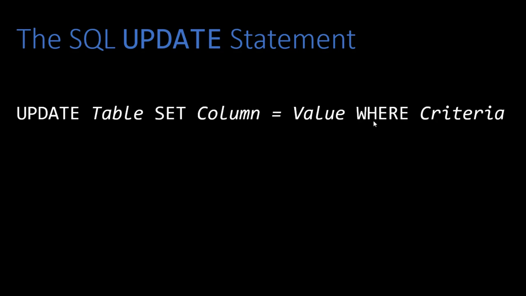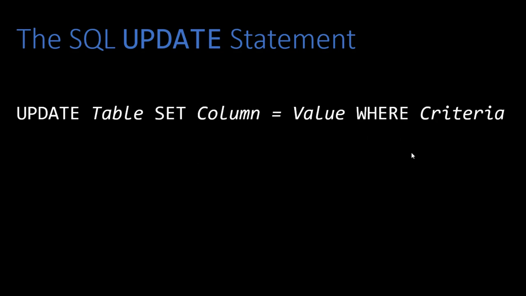And then that's followed by a where clause with a search criteria. So the statement will find all of the rows in the table that match this search criteria. And then in those rows only, it will set this column to its new value.